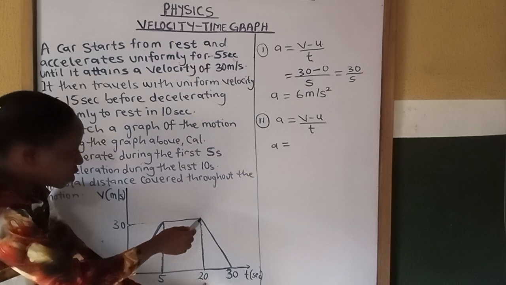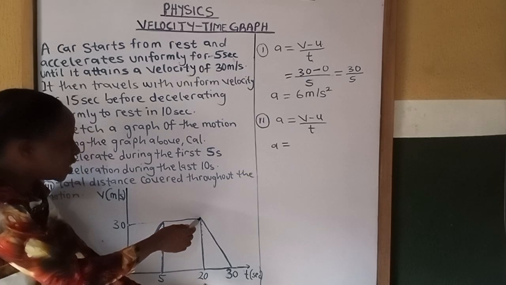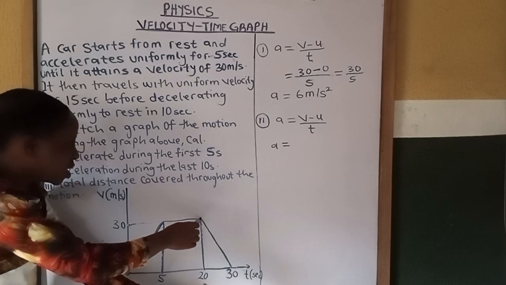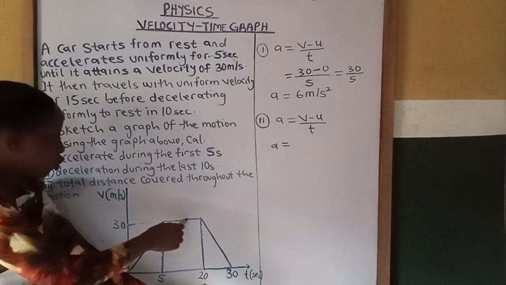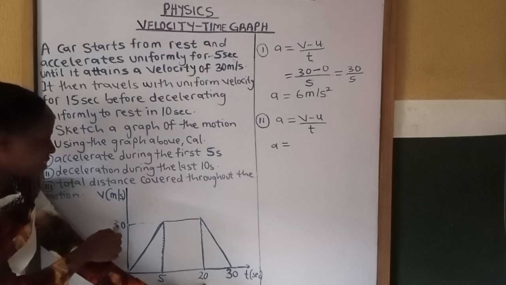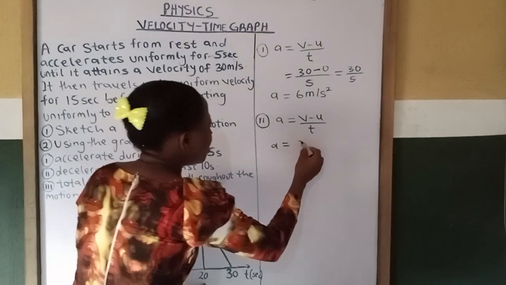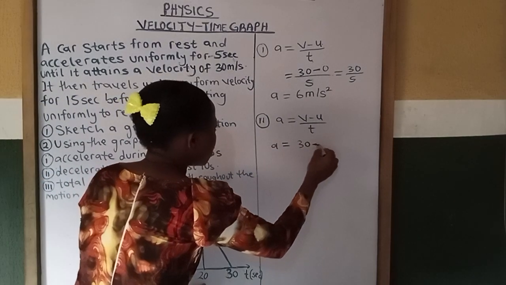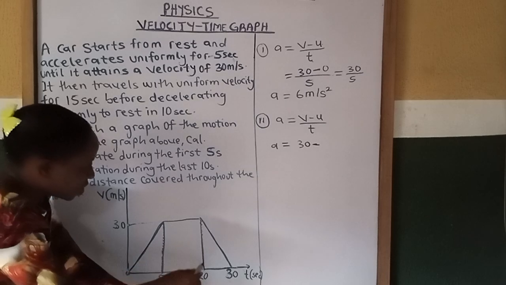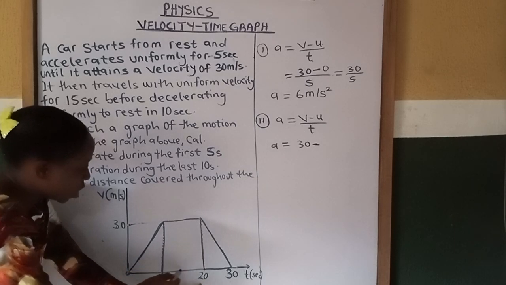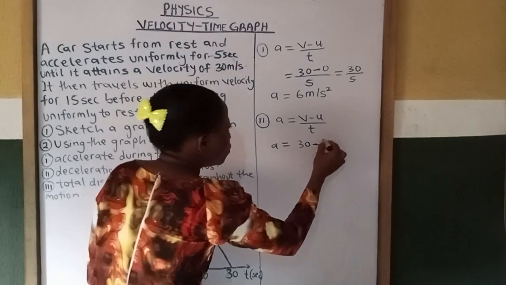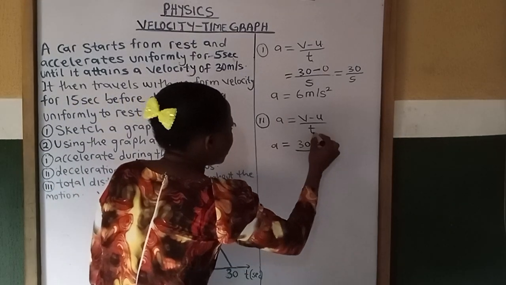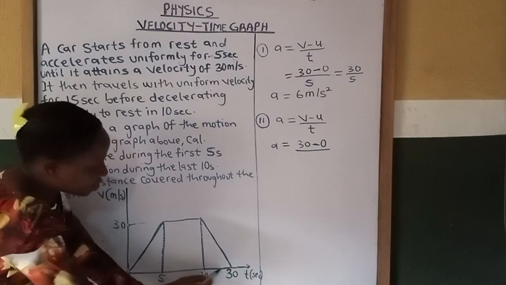We look at the height of the deceleration, where the car decelerated. So the final velocity is 30, minus the initial velocity where it decelerated. When you trace it down, that is 0. So the starting point is 0, divided by the time taken for the last 10 seconds.